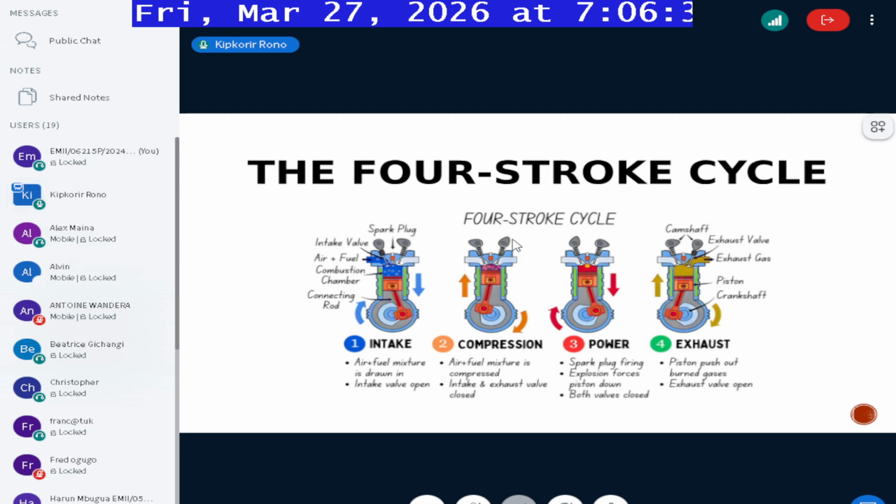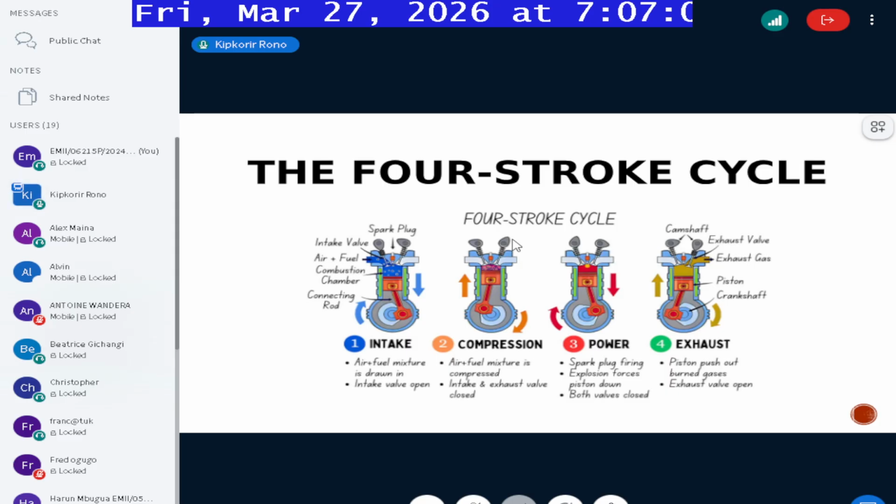And that point is known thermodynamically as a heat addition process. Okay? So it's a heat addition process, a thermodynamic process. So it will be pushed downwards, and that downward movement will produce kinetic energy, which will be taken and stored by the flywheel as potential energy.